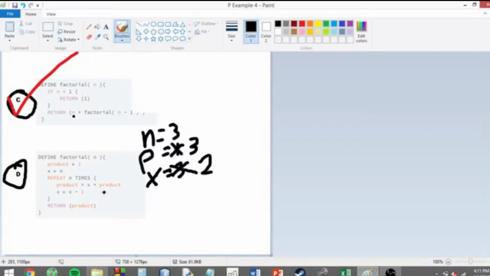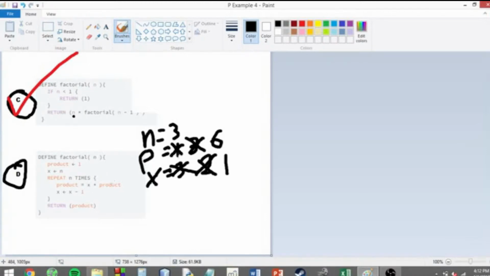Okay, we've done it once. Now we're going to do it a second time. And we have product equals x, which is 2, times the product, which is 3. So product is now 6. X equals x minus 1, so minus 1 here. Okay, and now we repeat our third time. Product equals 6, and so it's set equal to x times the product.